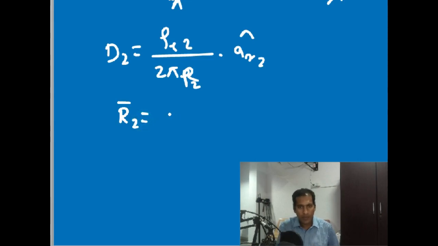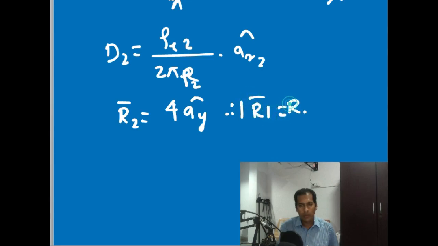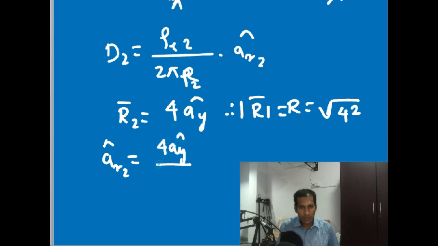So with same method we'll find out r2 bar, that is destination minus source. So this one we will get as 4 ay cap. It will be 4 ay cap, hence mod of r will be square root of 4 square, that is nothing but 4. So ar2 cap will be equal to 4 ay cap by 4 is equal to ay cap.